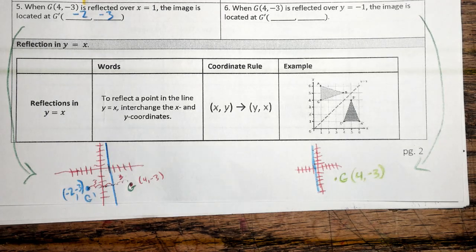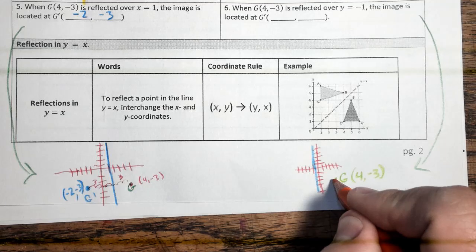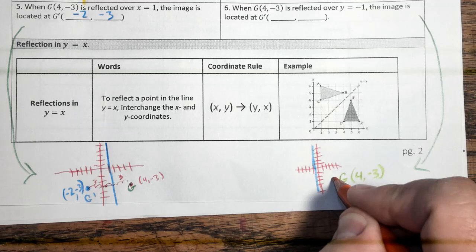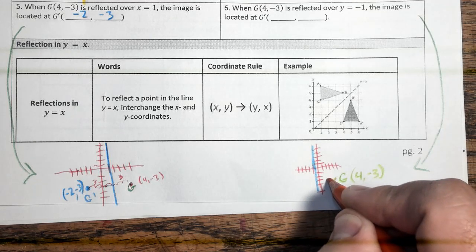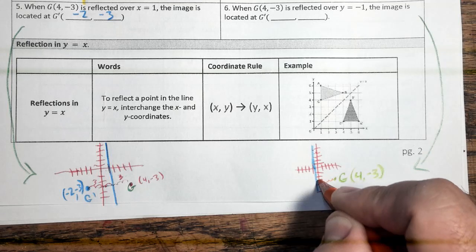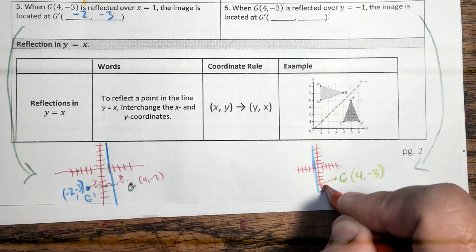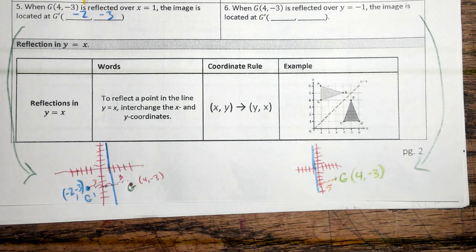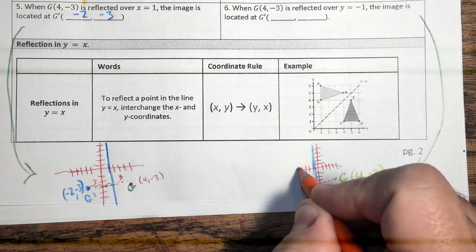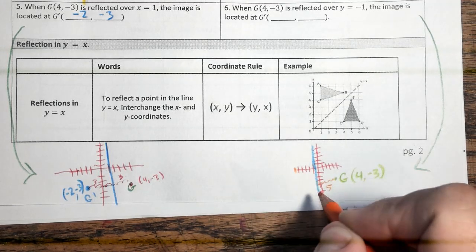So let's count. It's harder when it's not a grid, but we're over here at 4. So we're going to have to go 1, 2, 3, 4. To get to negative 1, it's 5. So that was 5 over. So now we have to count from -1, 5 over. It's going to go beyond my 5, so I'm going to have to draw a 6th one.